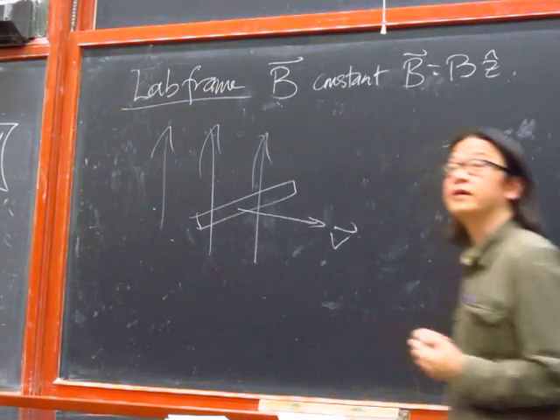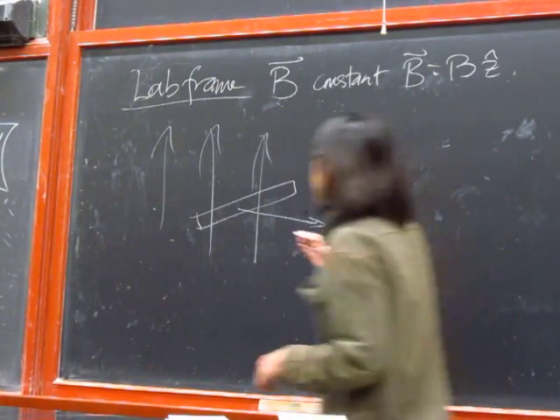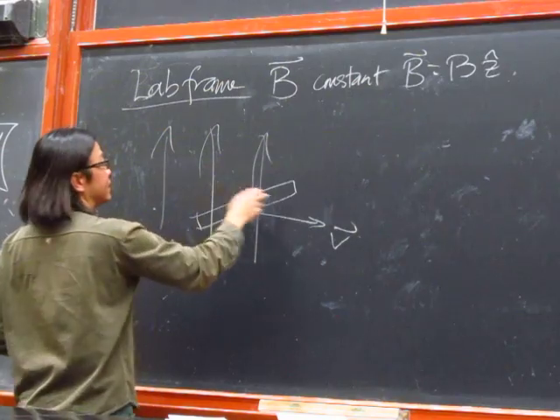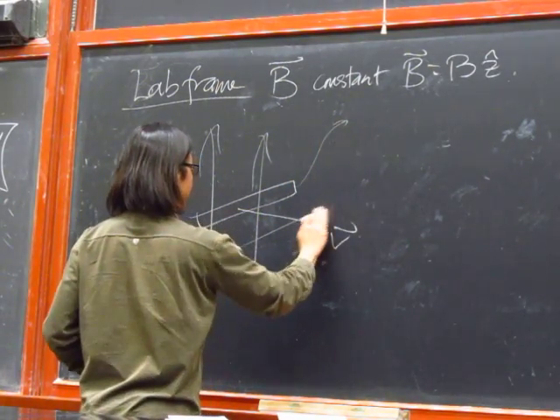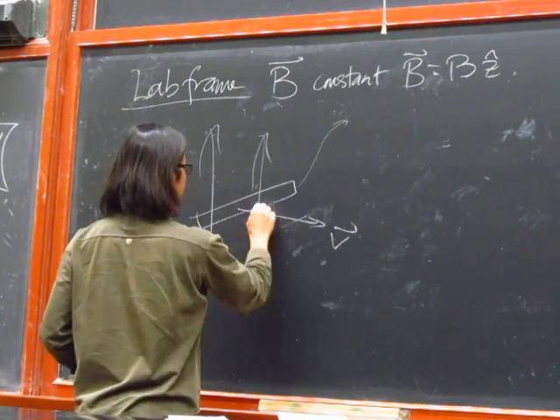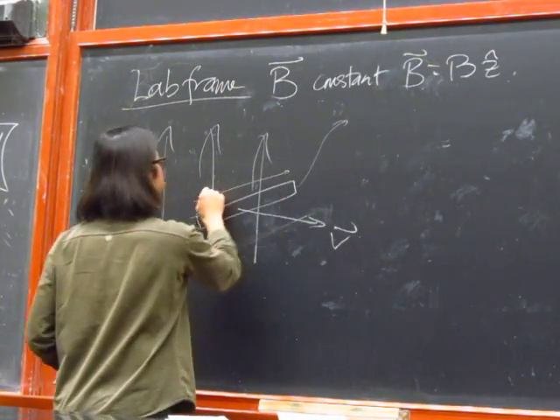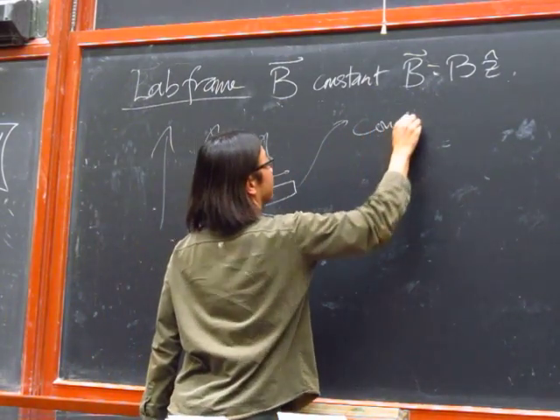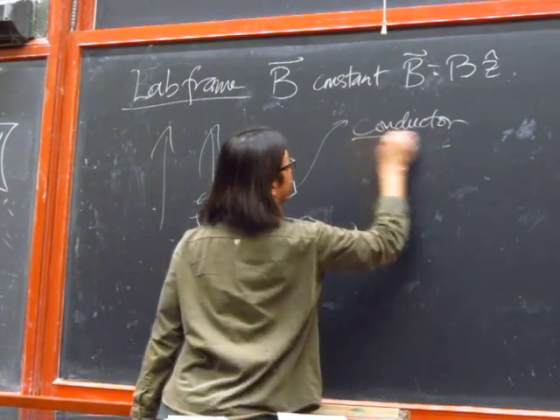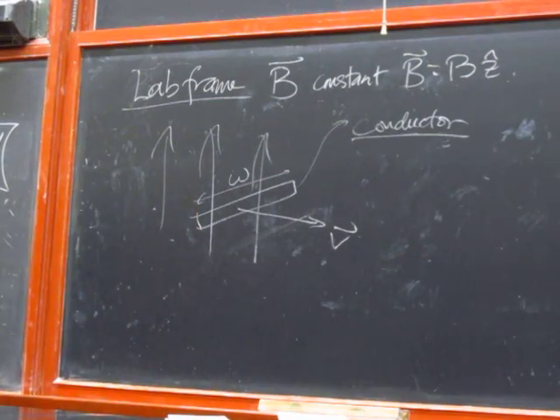So what happened here? One thing that I forgot to mention is this rod has length W, right? And it's actually made from conductor. Okay.